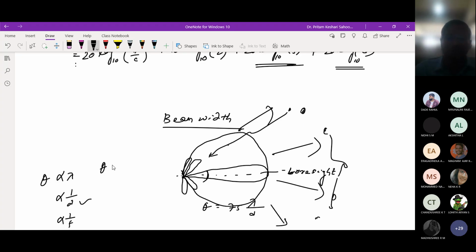If you want the value of theta to be high, then d, the diameter, should be low or small. That is the reason nowadays if you see our DTH antennas, the size is being reduced. The size reduces in the sense it will have a larger beam width.